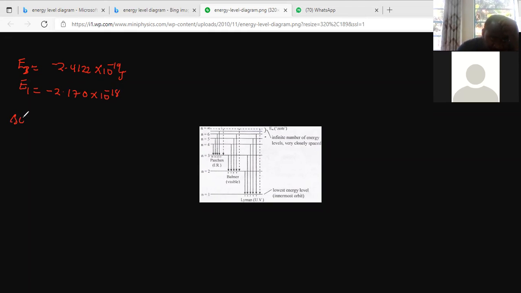Then the change in energy is E3 minus E1, which will be negative 2.4122 times 10 power negative 19 minus negative 2.170 times 10 power negative 18. So change in energy is equal to that; compute.